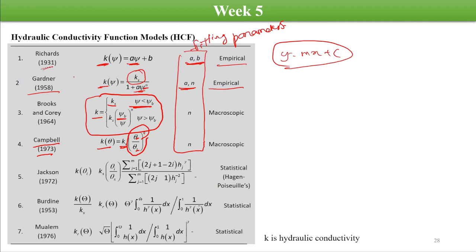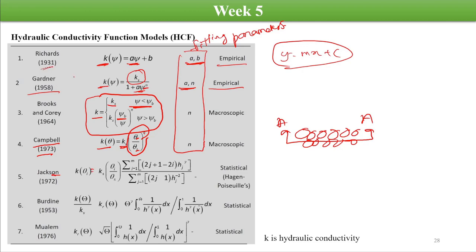These are the empirical correlations, but there are some statistical correlations also. These correlations are based on the distribution of pore spaces, the distribution of these voids in the soil matrix. This section is drawn, and based on this they have calculated these formulas statistically. The first formula is Jackson's.